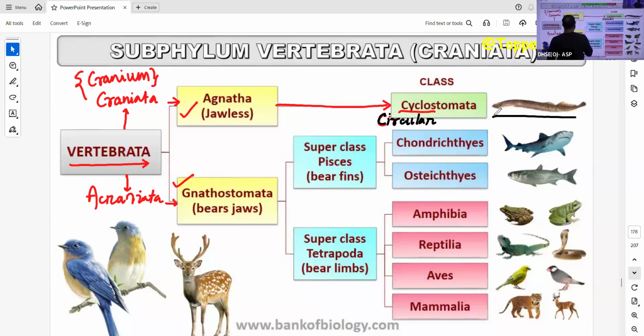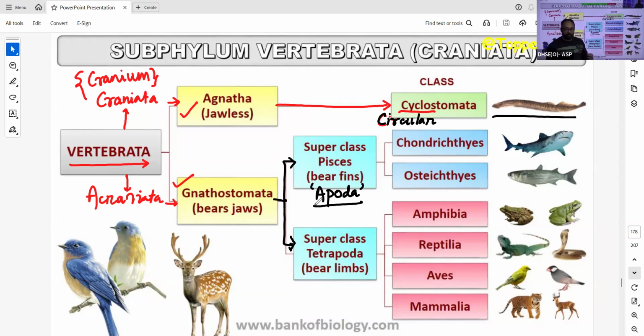Here, as you can see, superclass Pisces bear fins. इनको किस में डाला? Apoda। Apoda मने limbs are absent.